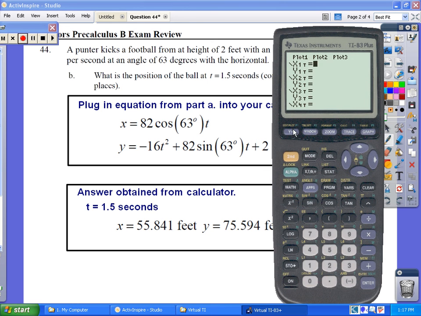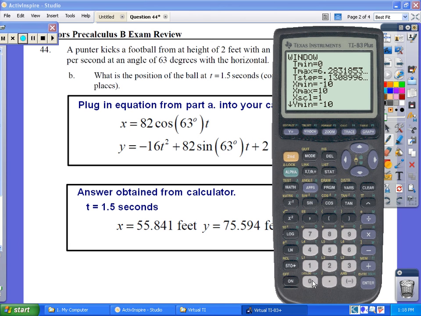Go to y equals, x is 82 cosine 63 close parentheses t, and y is negative 16t squared plus 82 sine of 63 t plus 2. Then you need to go to your window.